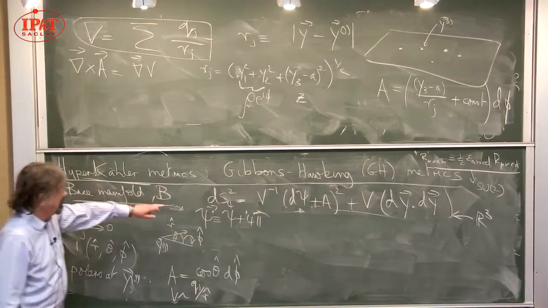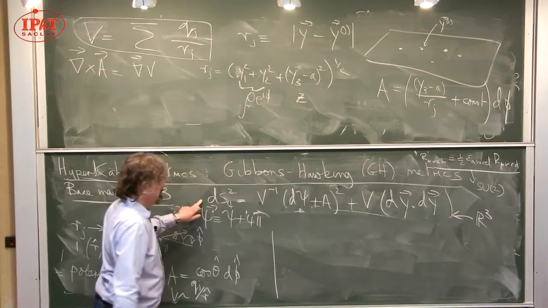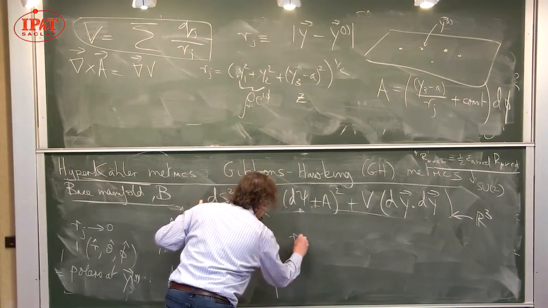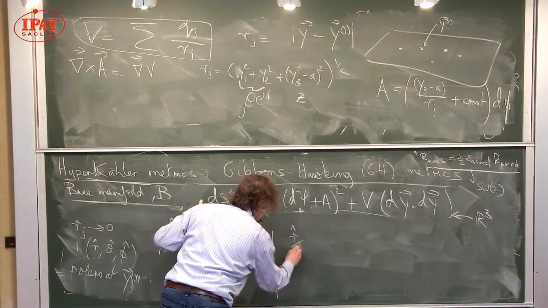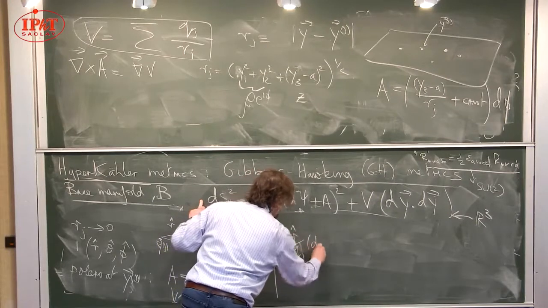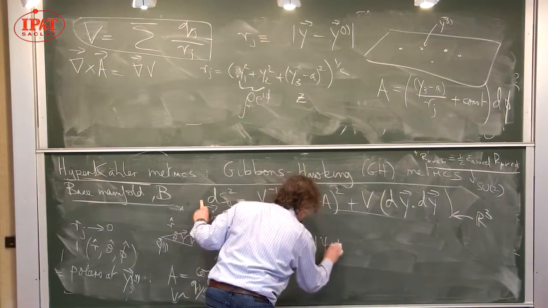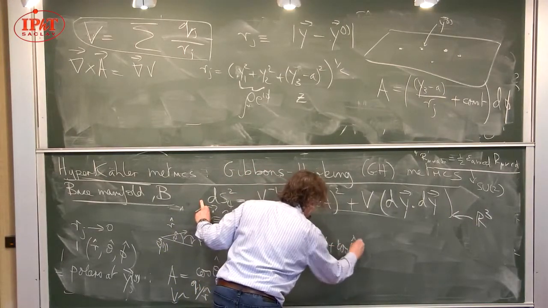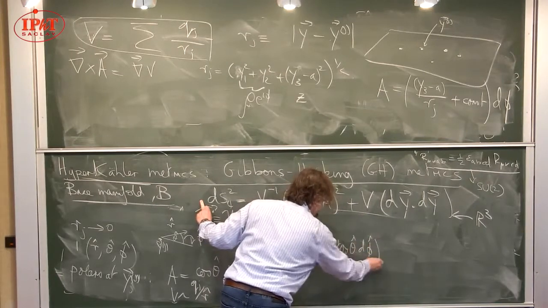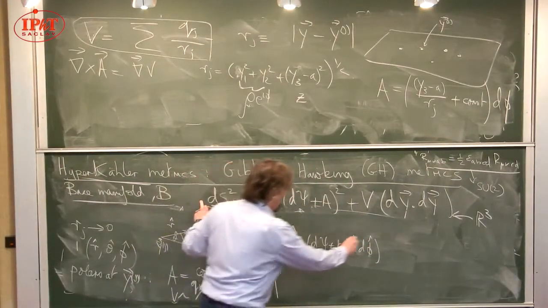And so when you write down this metric as you limit to this point, this becomes r hat over qj times (d psi plus cosine theta hat d phi hat) all squared.